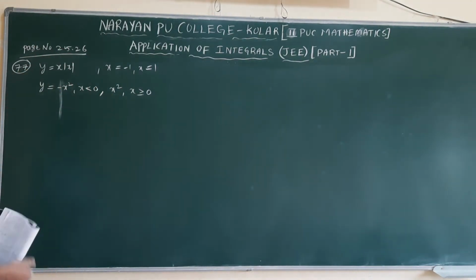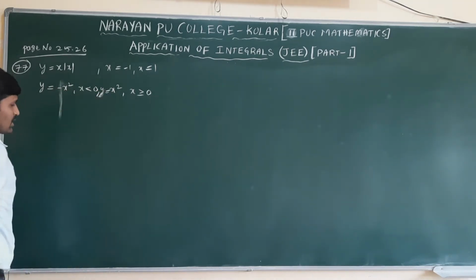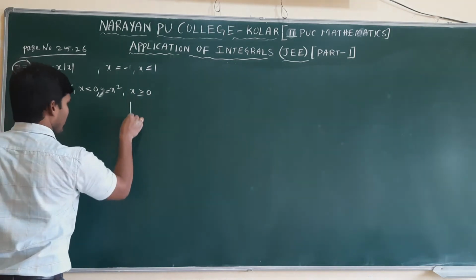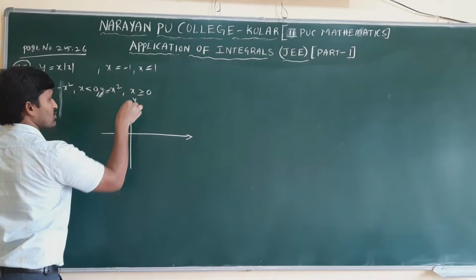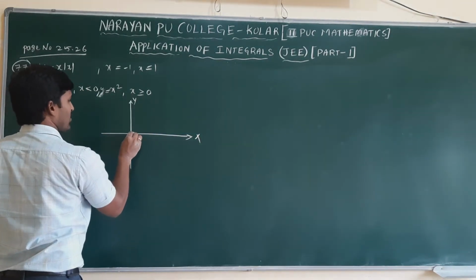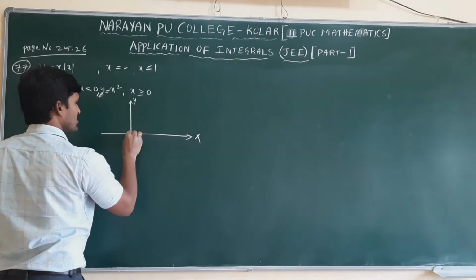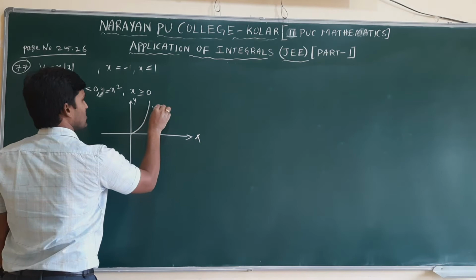Two curves are there here, under the conditions. For this we need to draw the graph so we can understand easily. Both are parabolas only. For positive values, if you take 0, 1 means 1 we get. So this is the curve we get. In yesterday's class we explained this is y equals x square.